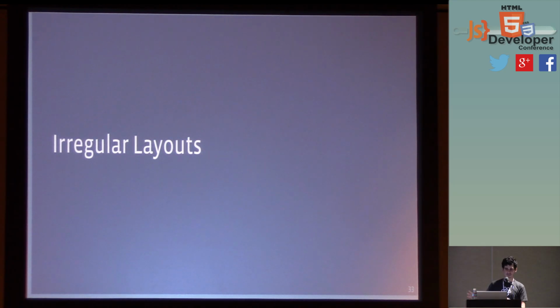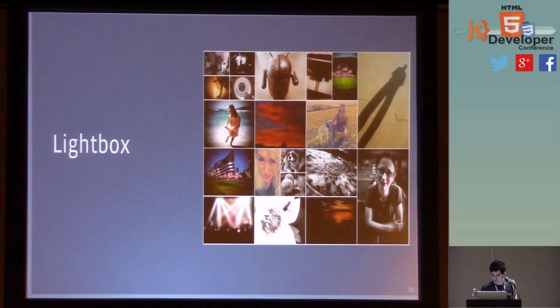And now we're going to see some other examples where they are a bit all over the place. So the first one, which is really interesting, is Lightbox. And as you can see, you can zoom in on some images. And this one is not cropping a lot.